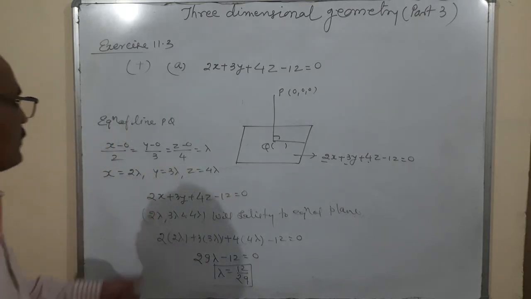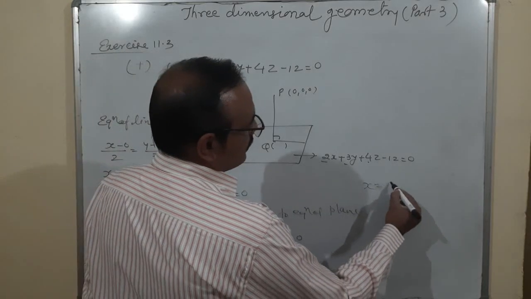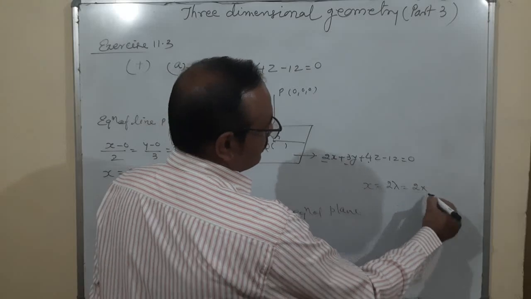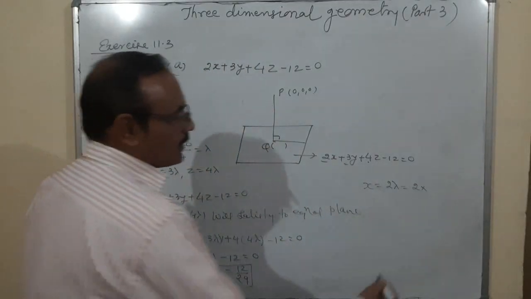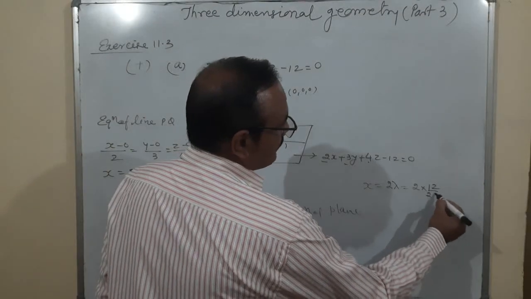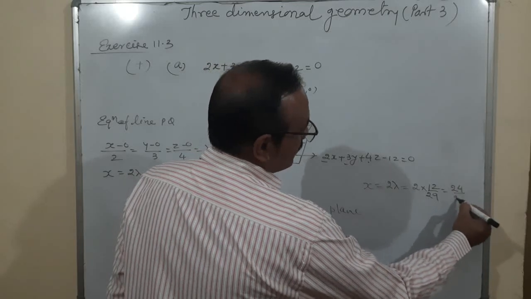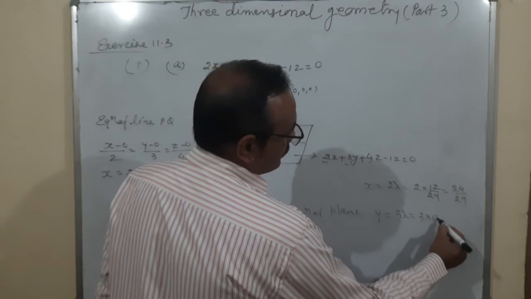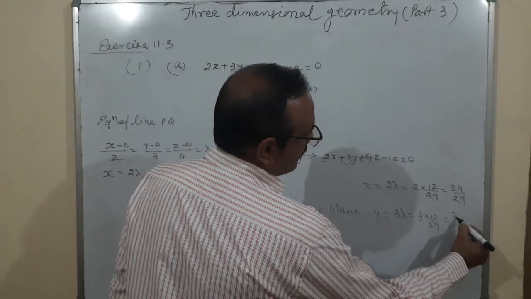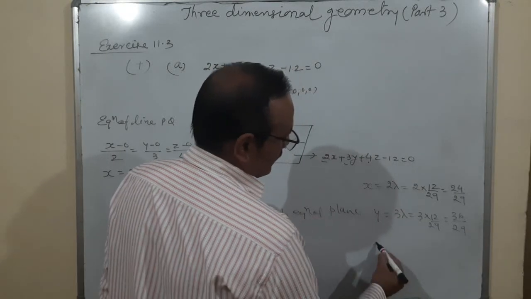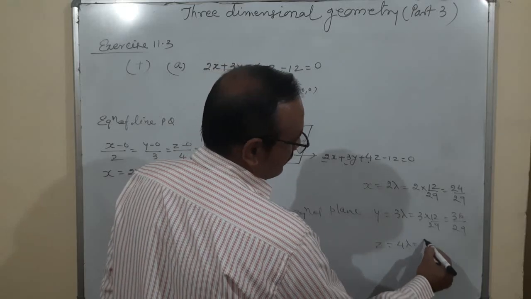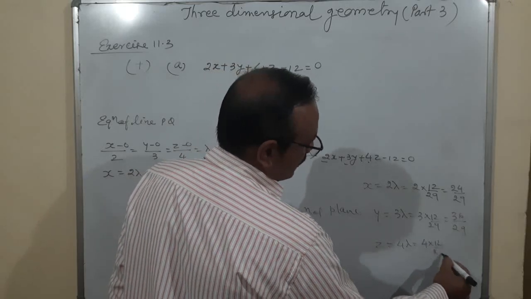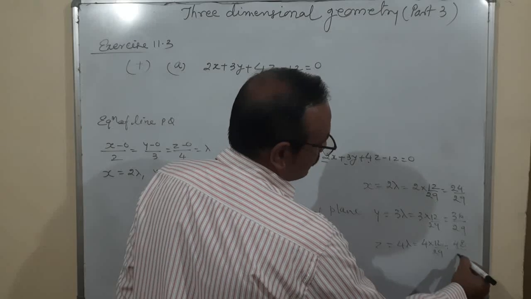So the value of x is equal to 2 lambda, that means 2 multiplied by 12 upon 29, so 24 upon 29. y is equal to 3 lambda, so 3 into 12 upon 29, 36 upon 29, and z is equal to 4 lambda, so 4 into 12 upon 29, 48 upon 29.